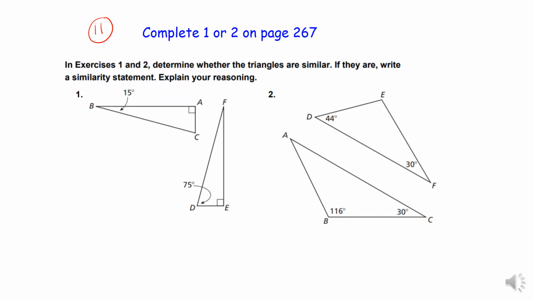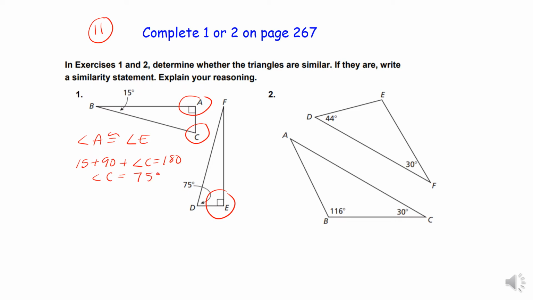Okay, so what I did was I found that these two angles are congruent, so angle A is congruent to angle E. Then I found the missing angle here: 15 plus 90 plus C equals 180, so angle C equals 75.